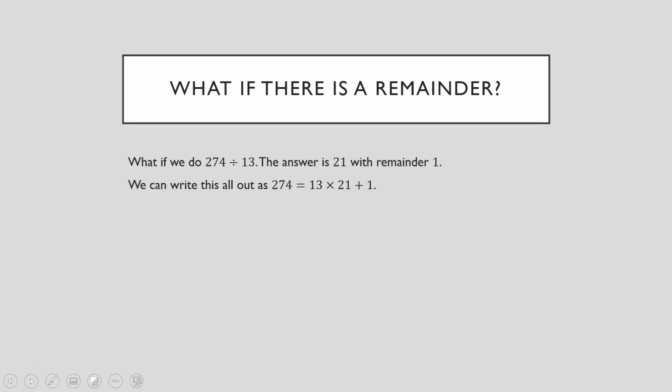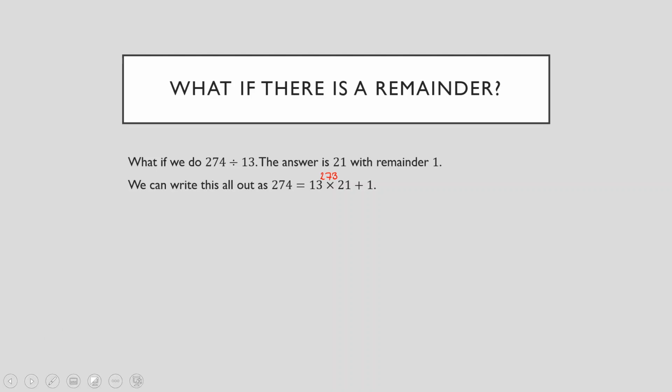If we write this out, go back to the first slide where we introduced the terms divisor, dividend, quotient, remainder. That just means that 274 is 13 times 21, which is 273, plus that 1 remainder, that 1 that's left over.